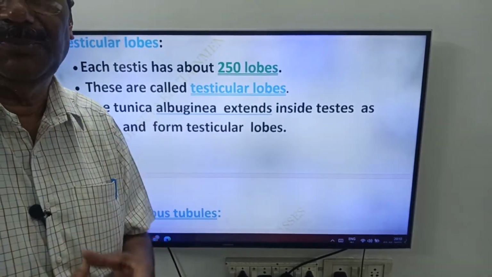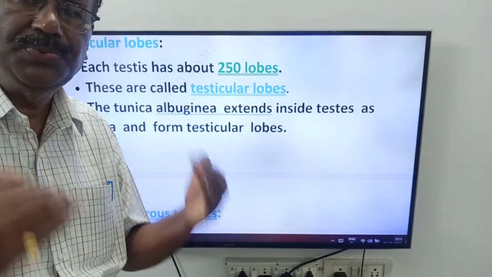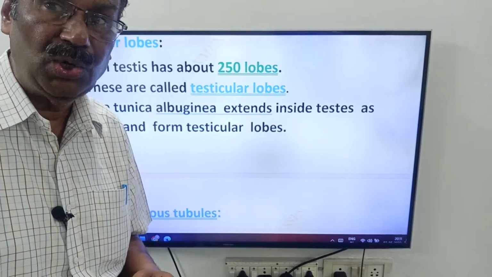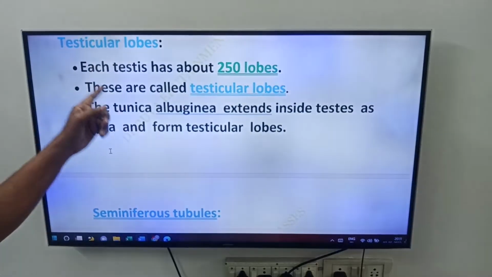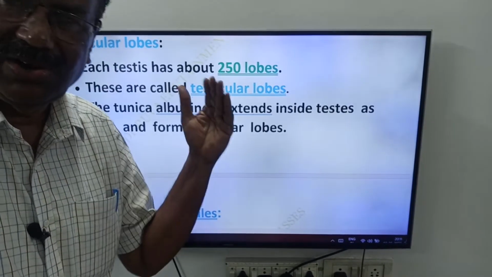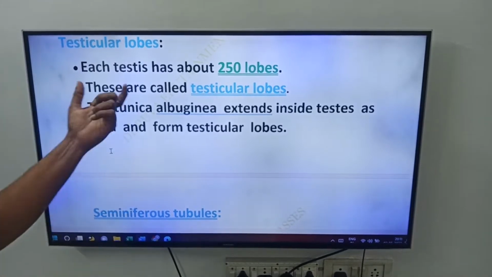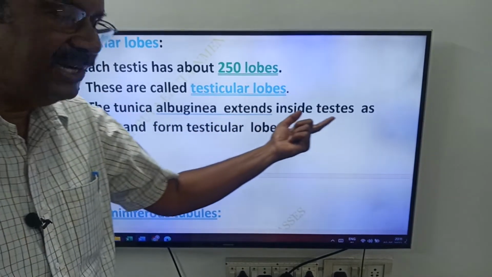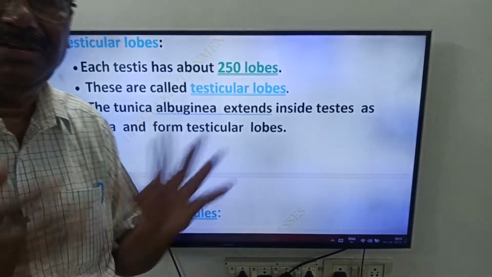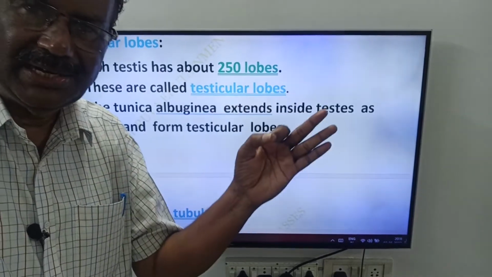A very important NEET and MCET point. How many lobes are there in each testis? 250 testicular lobes.